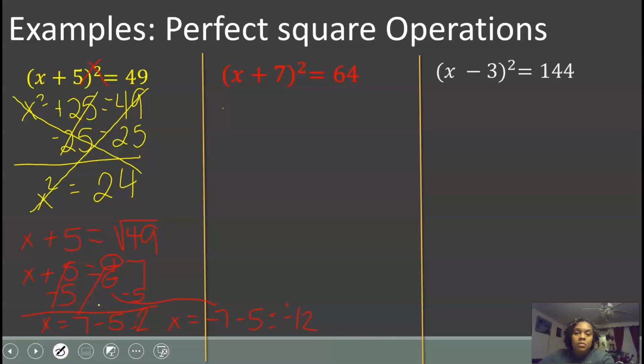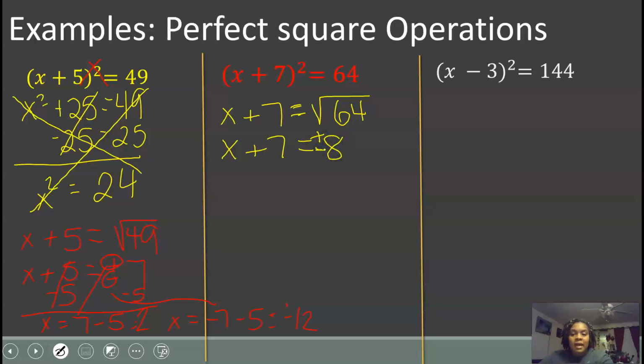Okay, so once again, you have x plus 7. To undo squared, you just square root the opposite side of the equal sign. So x plus 7 equals the square root of 64, which is 8, plus or minus 8. Then you will subtract 7.